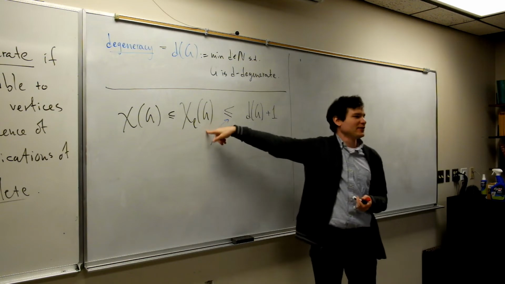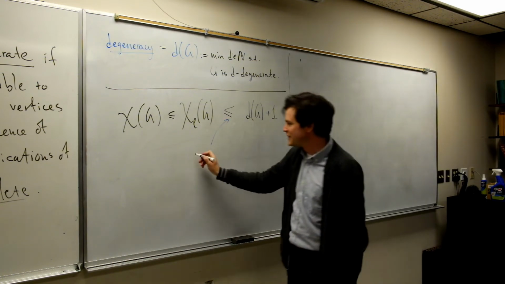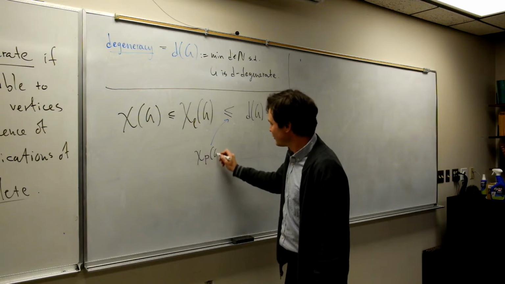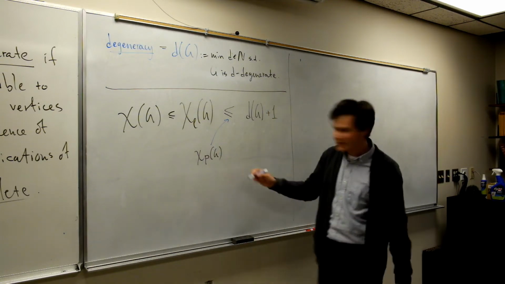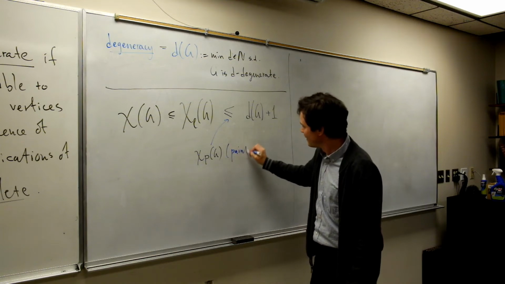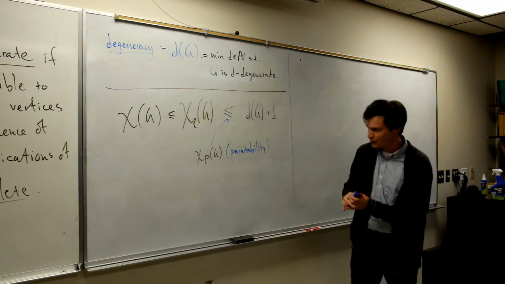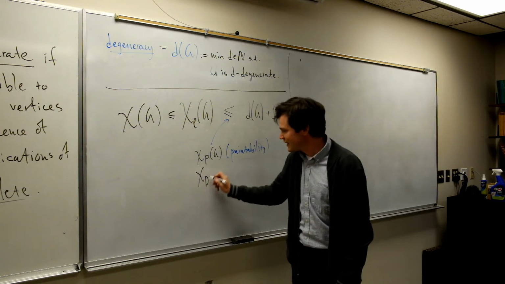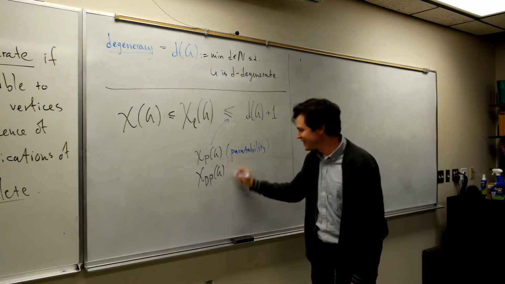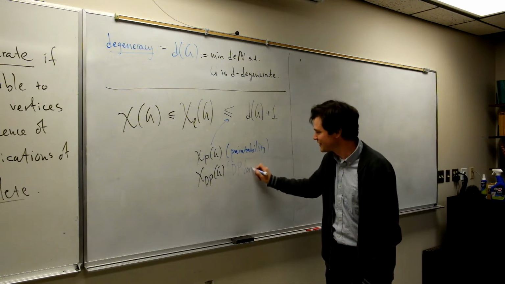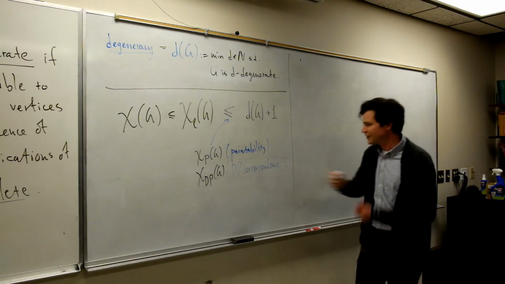There are various upper bounds on the list chromatic number that we can put here that are still bounded by degeneracy +1. For instance, something called the paintability of G, which is the online version of list coloring. Or if you know what DP or correspondence coloring is, you can insert the DP chromatic number, also called the correspondence chromatic number, in there.